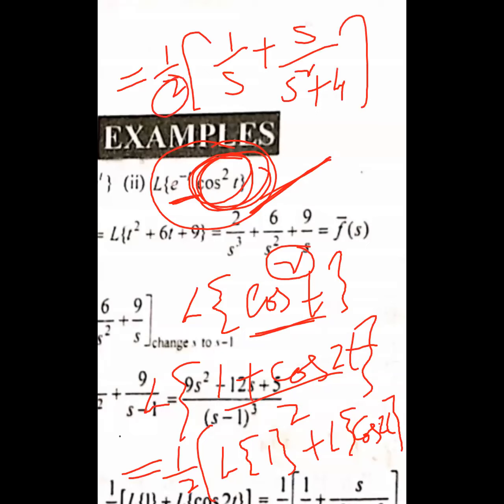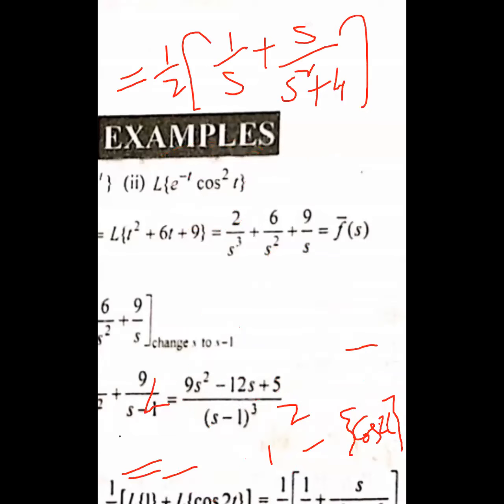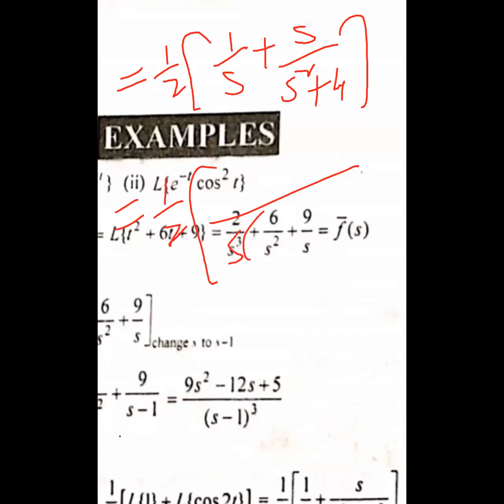So here the constant 2 is available outside, that's why we find the LCM. So finding the LCM of the right hand side, because we cancel the 2, taking LCM, that equals 1 by 2 into s into s square plus 4.